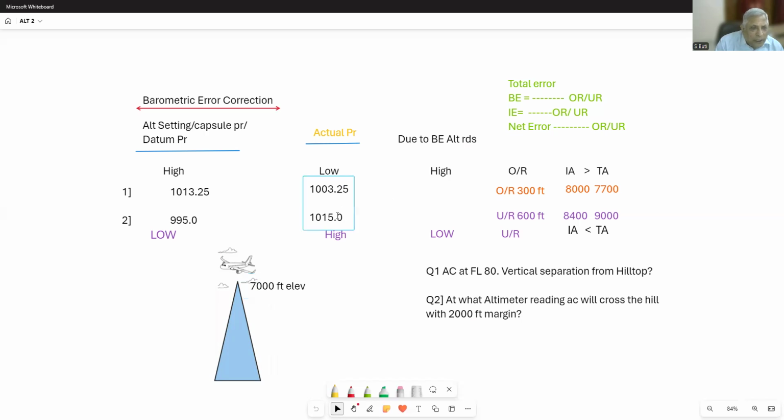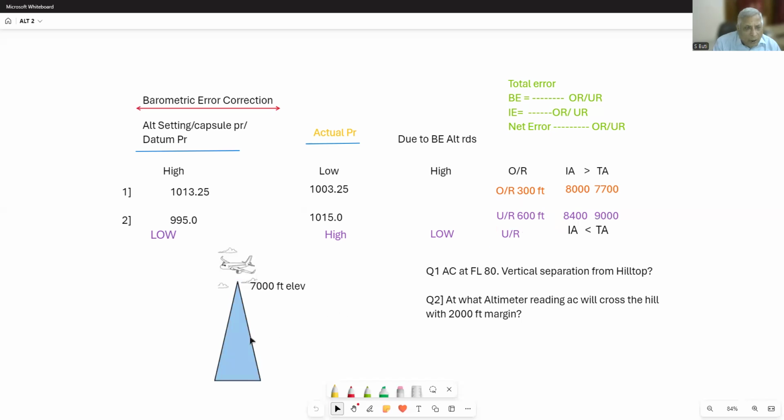And you have calculated that the actual mean sea level pressure at this place is 1015 hPa. Since the altimeter setting is low, but actual pressure is high, low, high, low, my altimeter will read low, or underread. The difference is 20 millibars, 20 times 30, which is 600 feet.